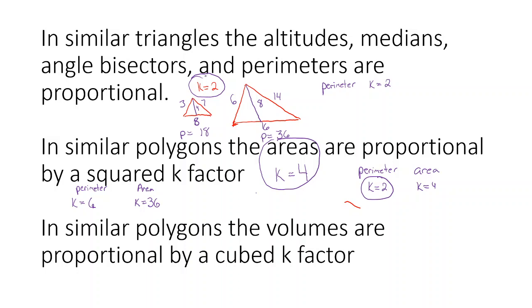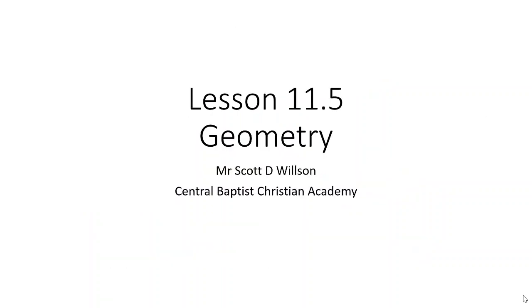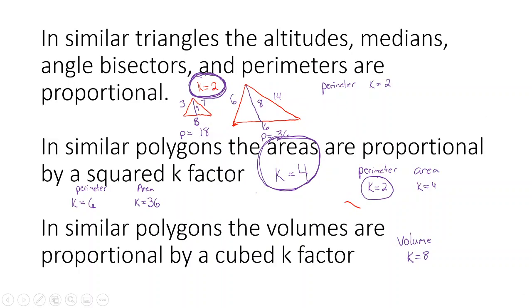So if right back at our earliest beginning, K equals 2, and for area, it equals 4. For volume, what we're going to do is take that 2 value and cube it. So 2 times 2 is 4, times 2 is 8. 2 cubed is 8. So let me spell that out for you again.